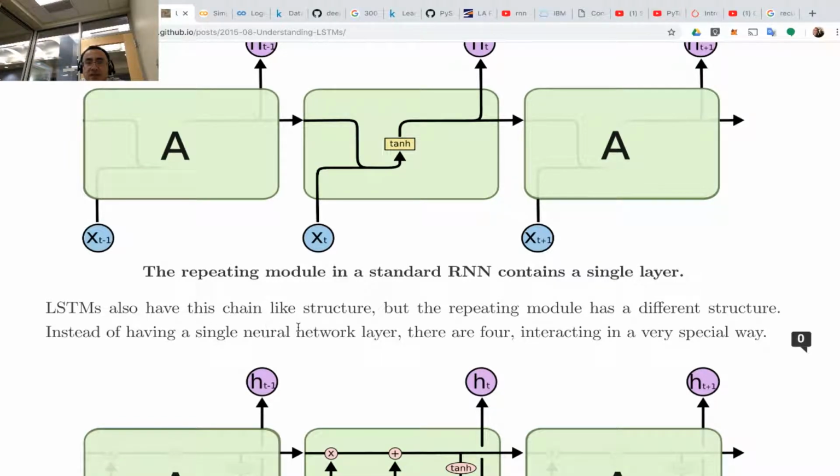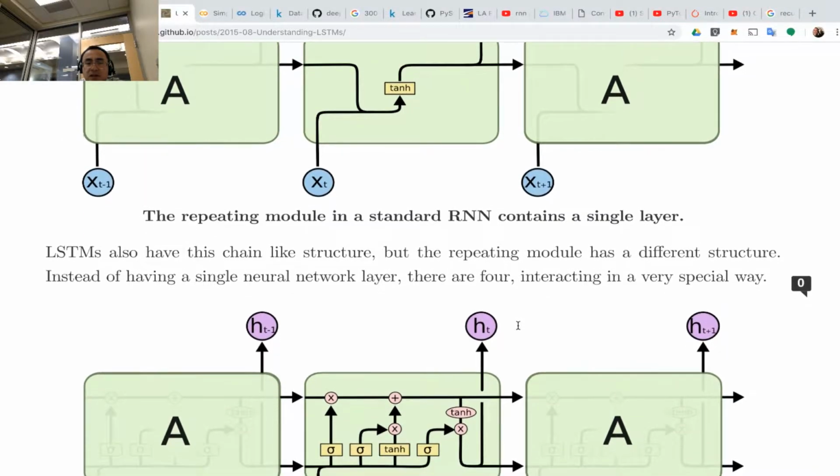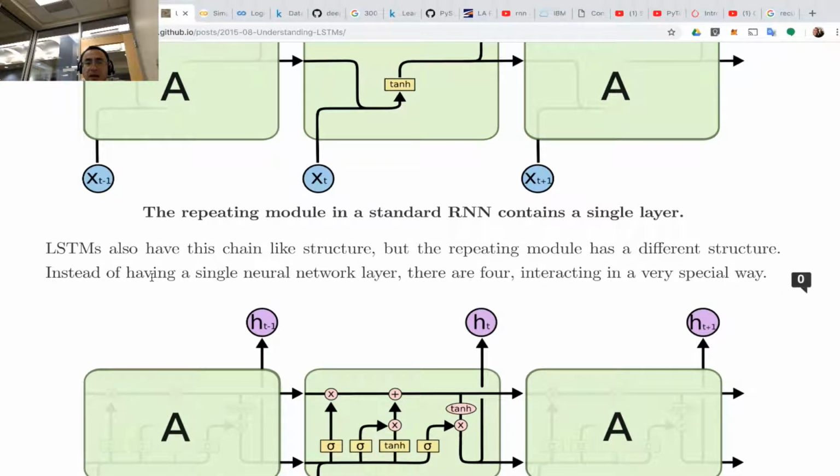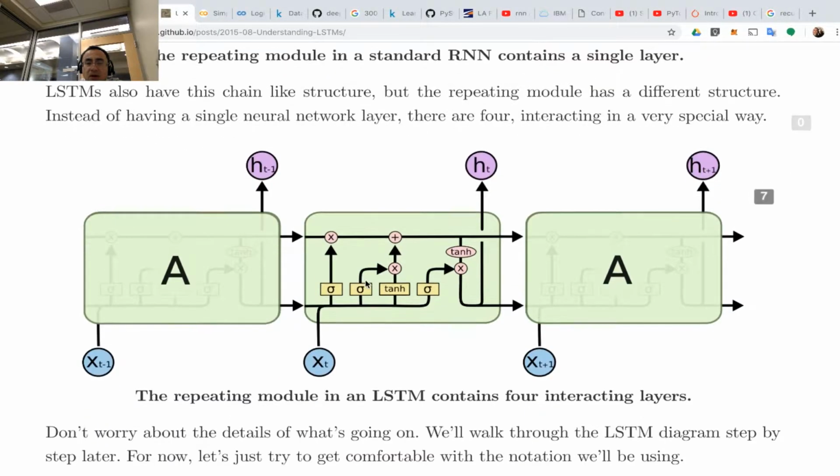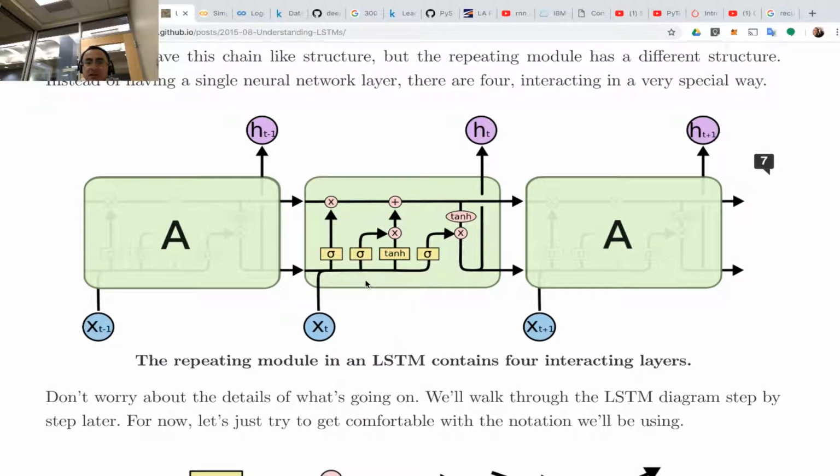LSTM also have this chain-like structure, but the repeating module has a different structure. It's more complicated. Instead of having a single neural network layer, there are four. So if you look at this, the x goes to this, I don't know what this is, ReLU probably or sigmoid.